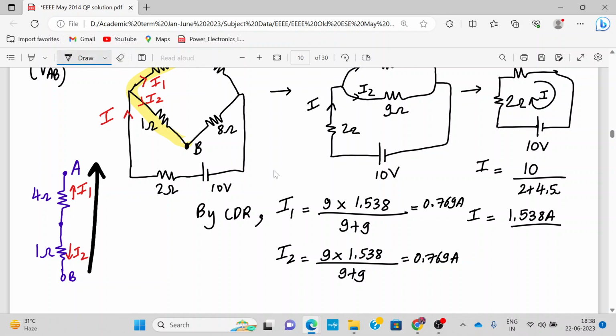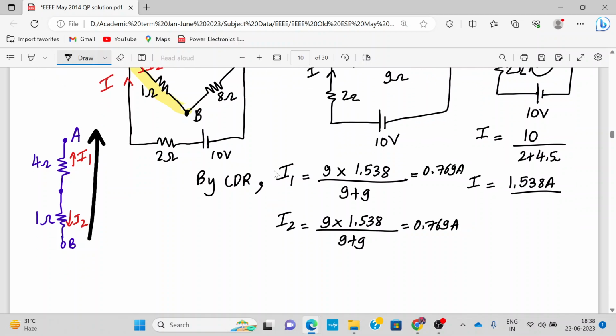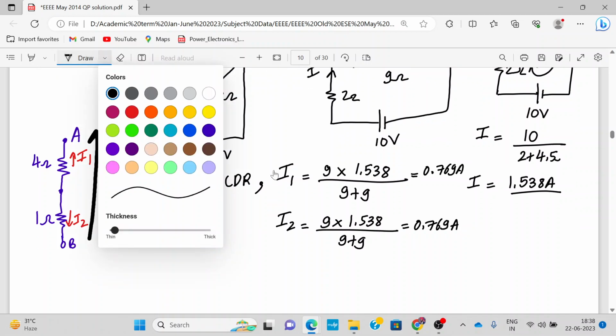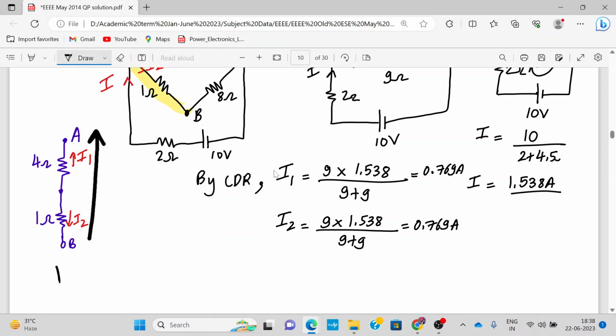If I go like this in this direction, how will I write? What is the value of VAB then? Anyone? Which is the same as your VTH.